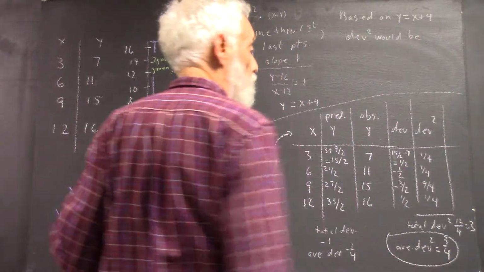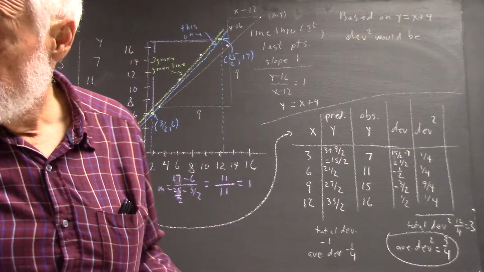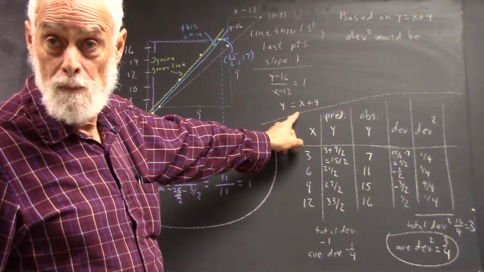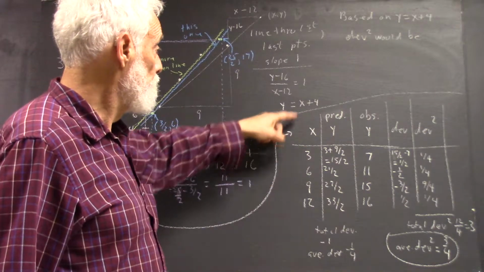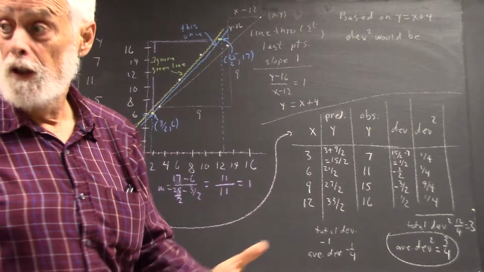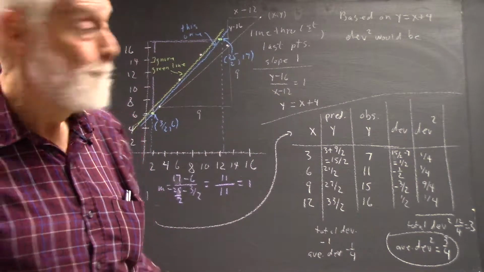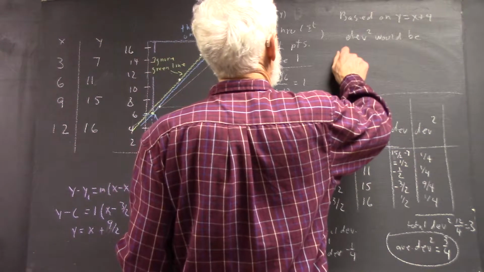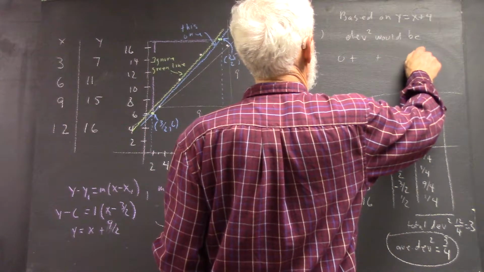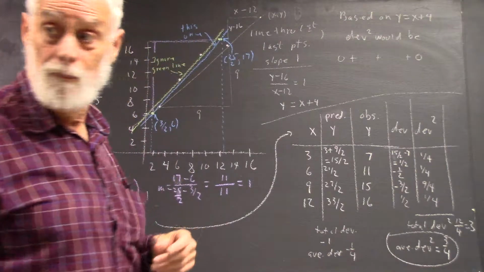you can verify this for yourself. The line would be y equals x plus 4, right? So when x equals 3, well, you get 0 deviation for the first point and 0 deviation for the last point, right? So it'd be 0 plus some number that we'll figure out plus 0.